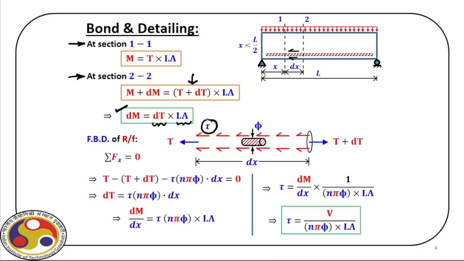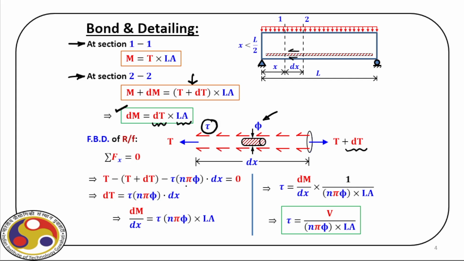Now, if we can quantify this bond strength, we can correlate that with the additional force dT between section 1,1 and 2,2. How to do that? We have the reinforcement having a diameter of phi. If we apply equilibrium along the direction of x, we get T minus (T plus dT) minus tau, the stress acting over the surface area.